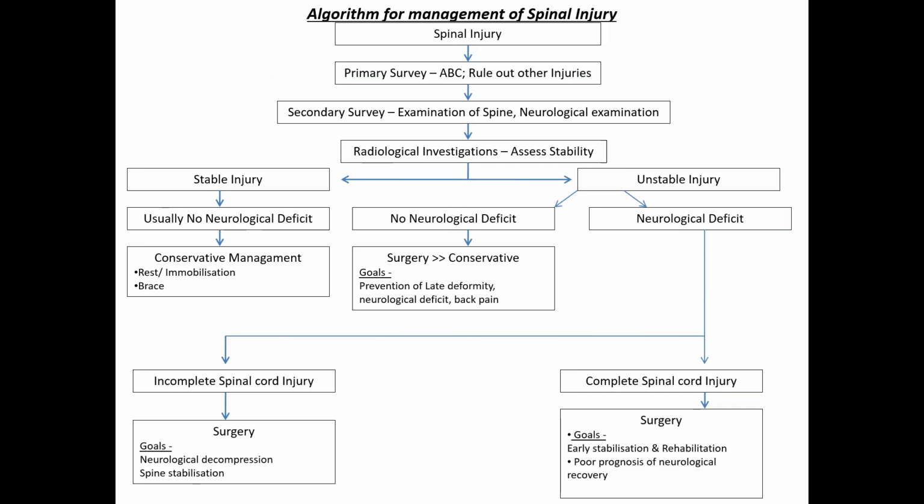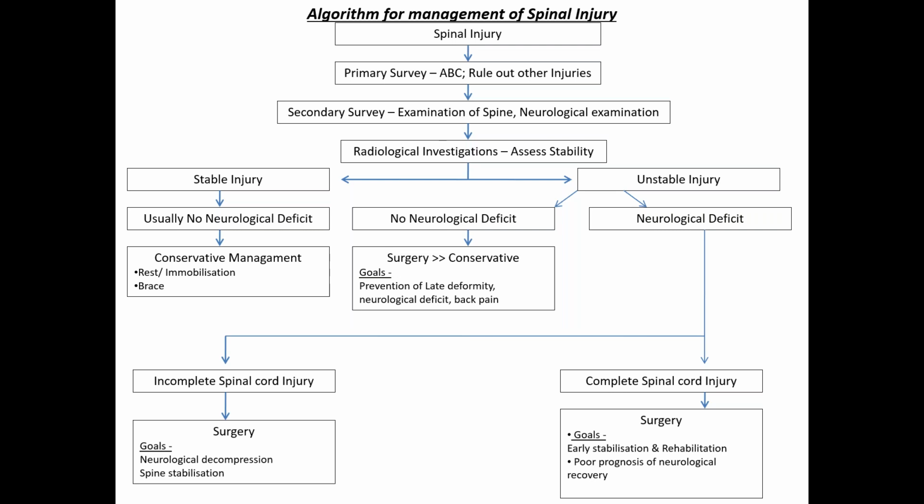This is the algorithm for management of spinal injury. Primary survey, as a rule: airway, breathing, circulation. Secondary survey: examination of the spine and neurological examination. Radiological investigations, assess stability, whether it is a stable injury or unstable injury. Stable injury, usually no neurological deficit, conservative management only: rest and immobilization with a brace.